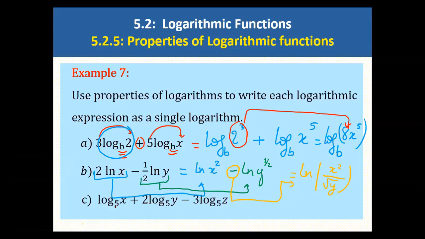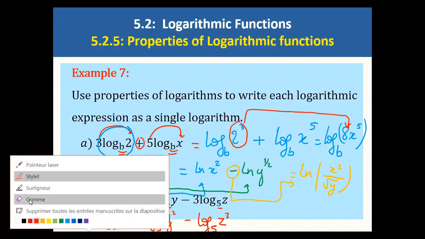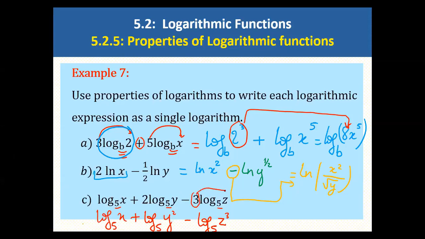The third one. So all of them are log base 5. This gives us log base 5 of x plus log base 5 of 2y, where y becomes squared inside the log, and here minus log base 5 of z cubed. Then 3z becomes z cubed. Then the 3 comes here, the 2 comes here. And finally, since it is the same log, it will be log base 5.